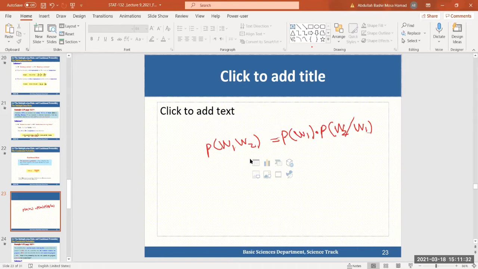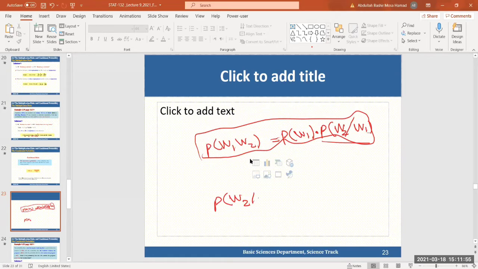Now, if we are asked to find the probability that the second ball is white, given the first ball is white, how do we get this? Use the same formula. If we ask about this, P of W2 given W1 equals P of W1 and W2 divided by P of W1.